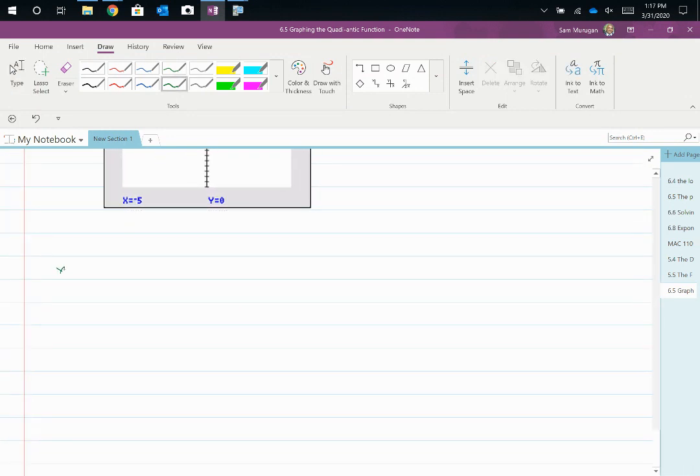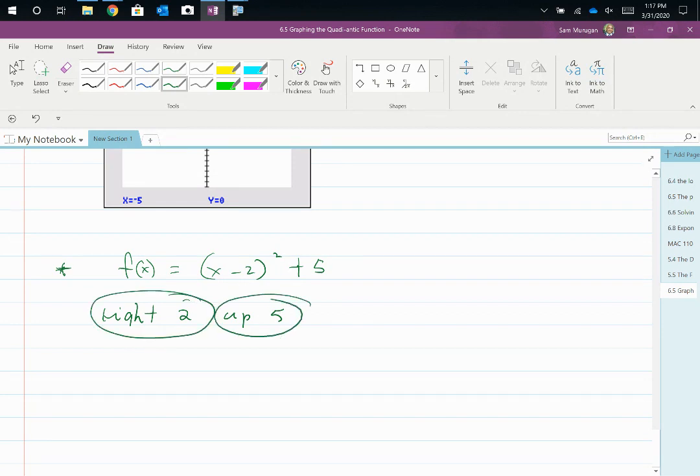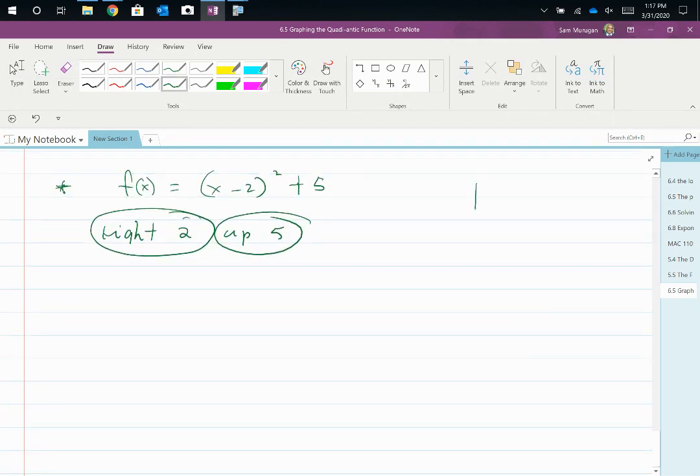Okay, now this takes it a step further. If I wanted to look at a graph, say f of x is equal to (x minus 2) squared plus 5, this is right 2, up 5. So if we had coordinates here, just to get a visual of what was happening, right 2, it will move from 0 to 2, and then it will go up 5 places: 1, 2, 3, 4, 5.